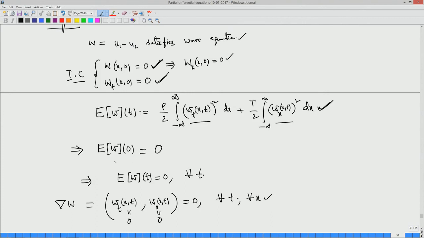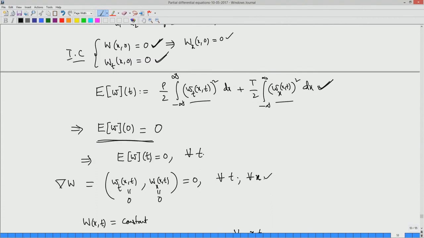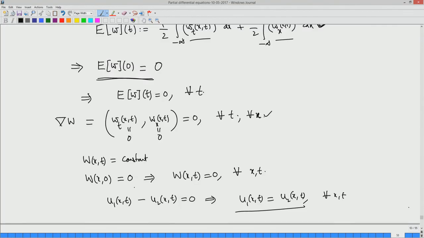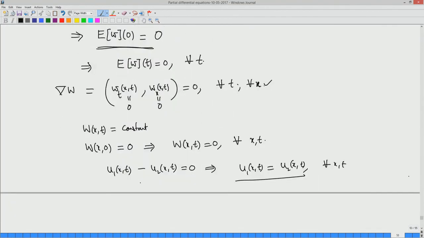Because of the initial data, the energy is 0 initially, and energy is conserved, so for all times this is 0. That implies E_w(t) is 0, that means w_t and w_x have to be 0, that is the gradient of w is 0, that means w is constant. But from the initial data, w at (x, 0) is 0, that implies w of (x, t) has to be 0 for all times.